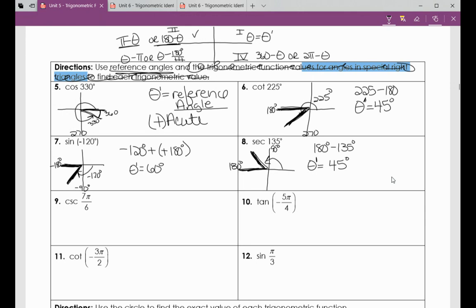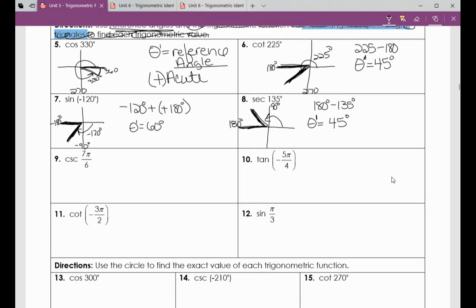Now, the last ones are a little bit trickier because they are in radian value and not degree value. So when you look on your unit circle, 7 pi over 6 is equal to what degree value? 210. Okay, I know where 210 falls.